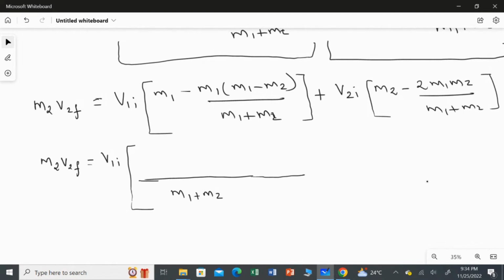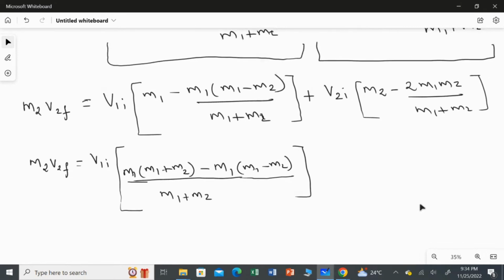Am I right? So we have to do the same method. So by that this equation will become M1 multiplied by M1 plus M2, and here you no need to multiply this because already we have this term here. So by that this term will be as it is, right? M1 multiplied by M1 minus M2, right? That's it.